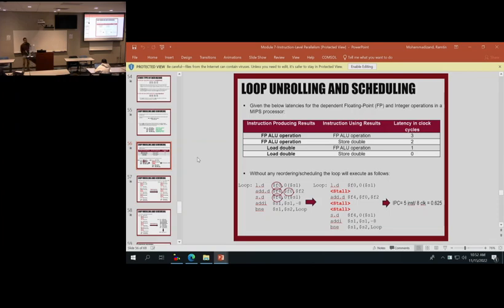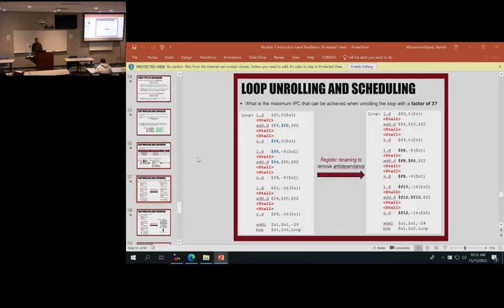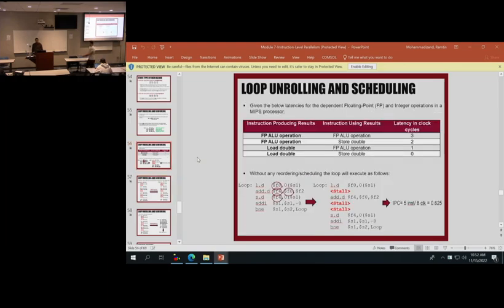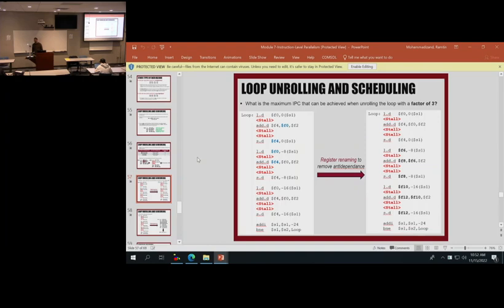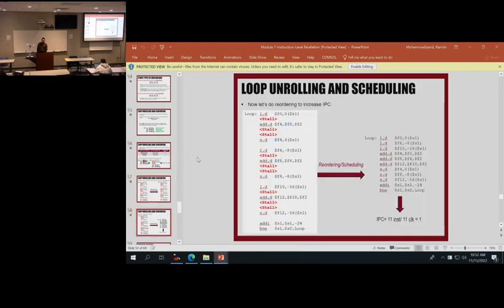It's pretty much like what you got in project 2. It gives you code and latencies, and you have to do register renaming, optimize the code, and reorder instructions based on the latency, and find the maximum IPC, or the minimum CPI, that it can get. I already removed that slide that was wrong, thanks to Regina. So you don't see it anymore, but this is the correct answer.